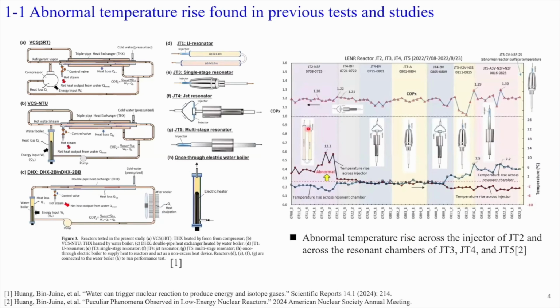The first one is the abnormal temperature rise effect our team found previously in some of our tests. It's an unreasonable phenomenon since it intuitively violates the principle of thermodynamics.